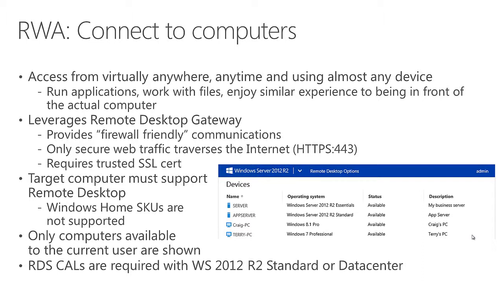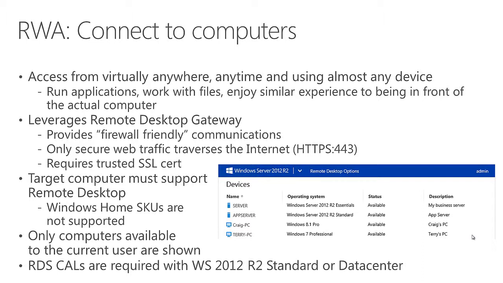One thing to point out here, we talked about the fact that you can connect with a VPN connection, an SSTP VPN connection. So that is another way to connect to computers in the environment, different than using Remote Web Access, which is what we're talking about here.